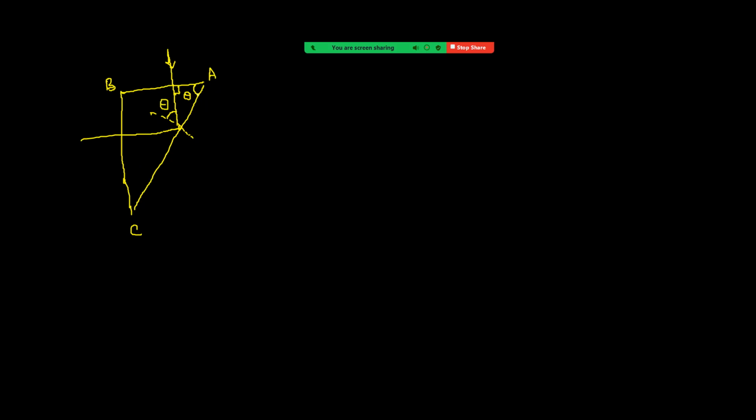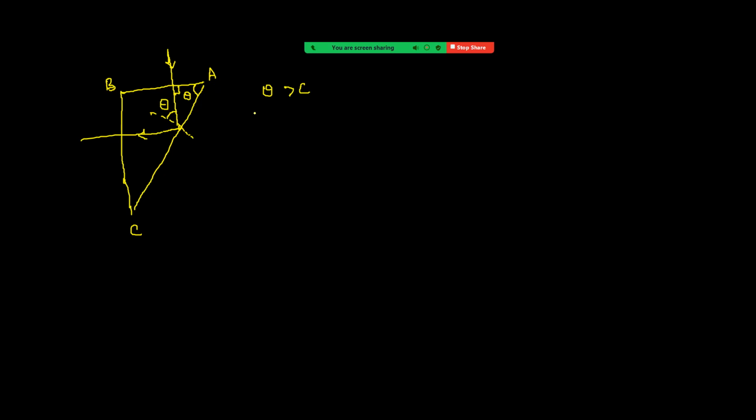Cross check once: this is theta, this is 90, then this angle is 90 minus theta, then this will be theta. So the angle of incidence is theta. If theta is greater than the critical angle, then light undergoes total internal reflection.